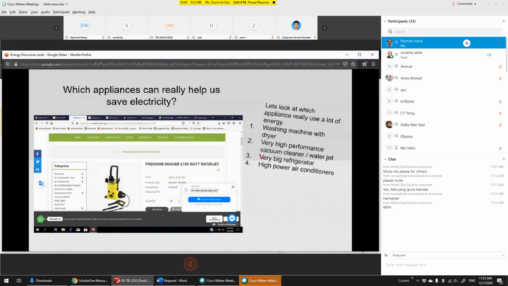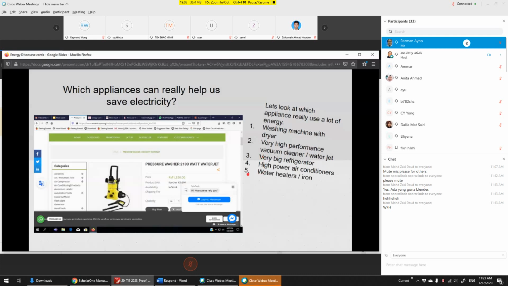High power air conditioners, 1 horsepower, 2 horsepower. 1 horsepower is around 750 watts. Okay, 0.75 kilowatt for 1 horsepower. Okay, kalau 2 horsepower, around 1.5 kilowatts. Okay, 5 horsepower and so on. Okay, you can do the maths yourself. Next, water heaters, iron.